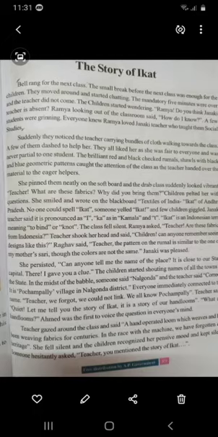The class fell silent because they didn't understand it. Ramya asked the teacher if all these fabrics were from Indonesia.